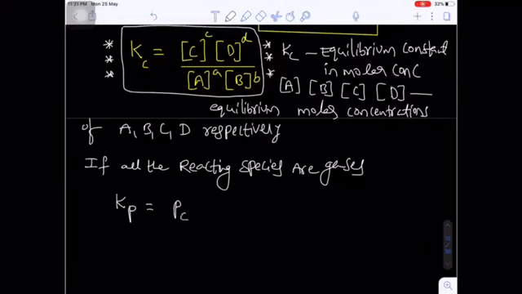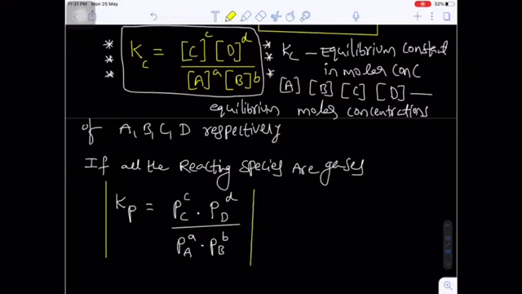So partial pressure of C to the power small c, partial pressure of D to the power small d, whole divided by partial pressure of A to the power small a, partial pressure of B to the power small b. This is a very important expression for the equilibrium constant in terms of partial pressures. In terms of what? Partial pressures. Okay, this is a very important expression.